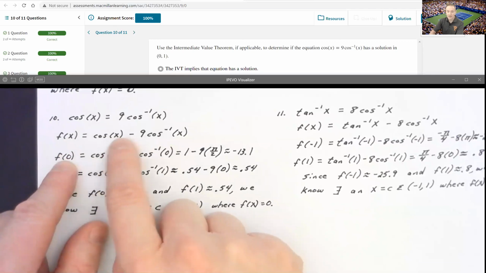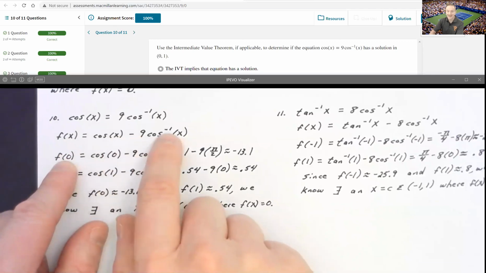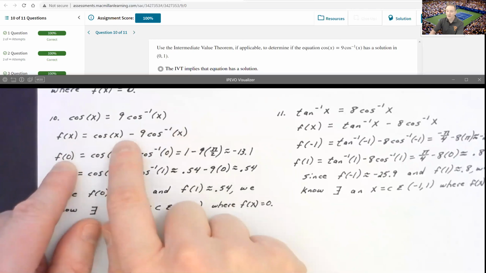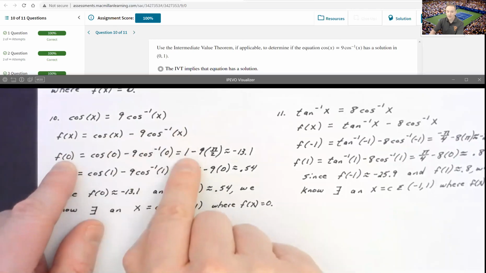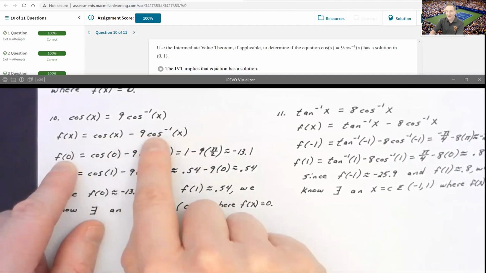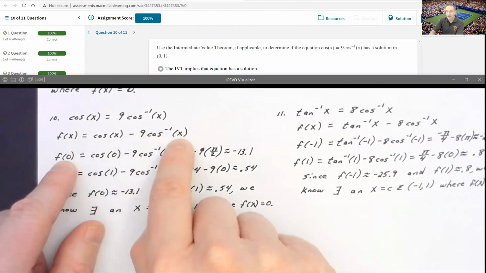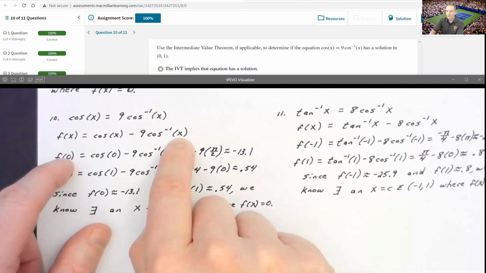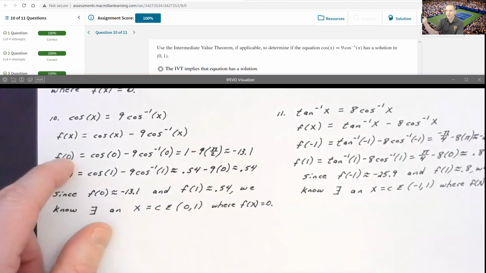I get the cosine of 0 minus 9 times the inverse cosine of 0. Cosine of 0 is 1. But now, whenever I say minus 9 times the inverse cosine of 0, you've got to be thinking, inverse cosine of 0 is asking you, when is the cosine going to equal 0? And that's at an angle of pi over 2, straight up on your unit circle.